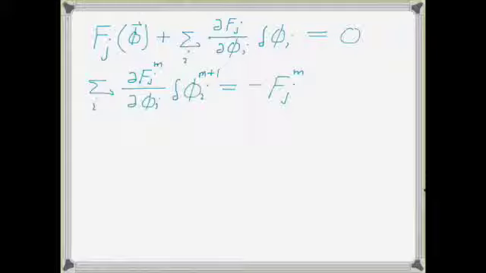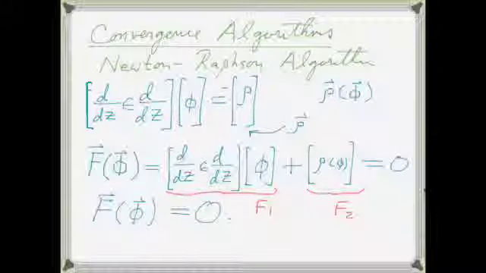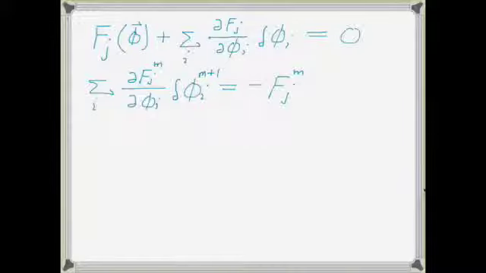So there's two terms. If we go back and look at our definition for F, we defined two parts to it, F1 and F2. So here's F1. Here's F2. And then we'll have to figure out how to take the derivative of each term.